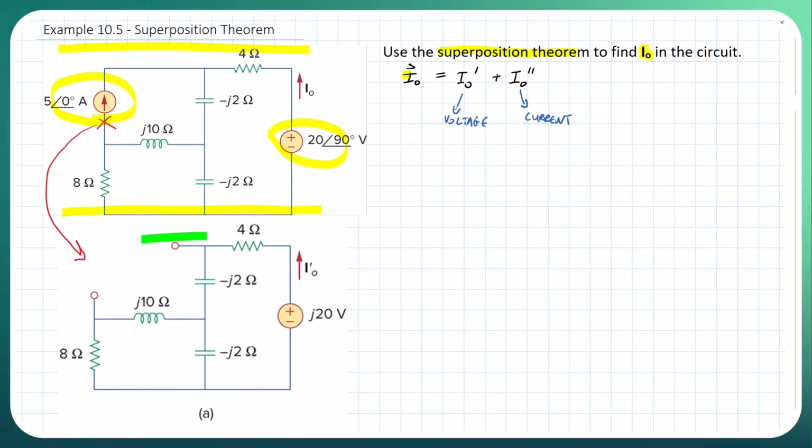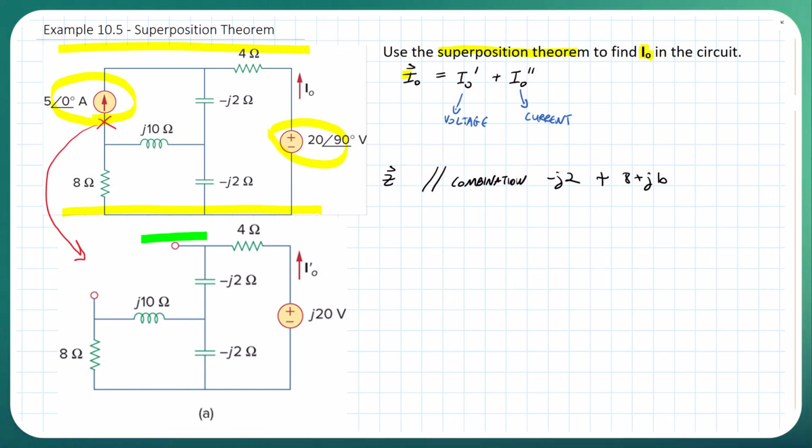Before we do that, we want to simplify it a little bit, and we want to say that our impedance, we're going to take our Z as the parallel combination between minus j2 and 8 plus j10.